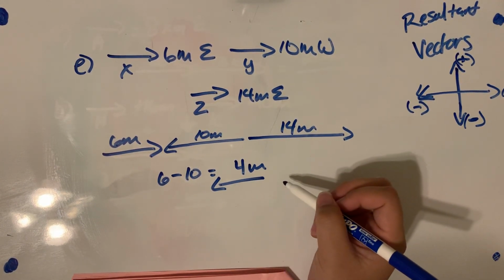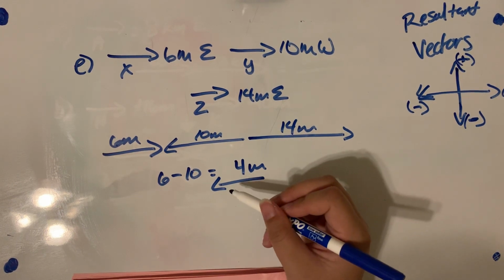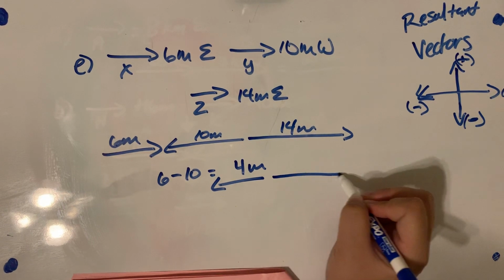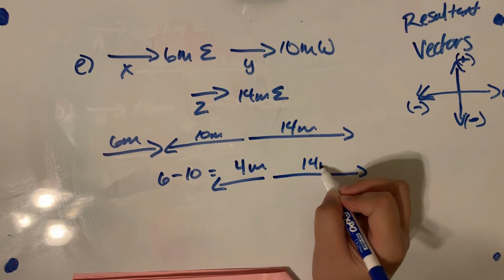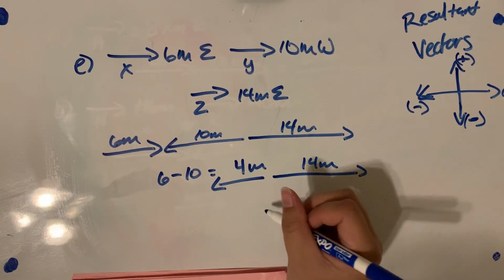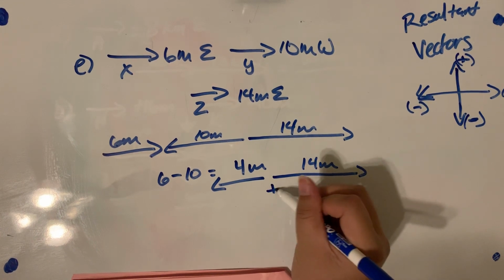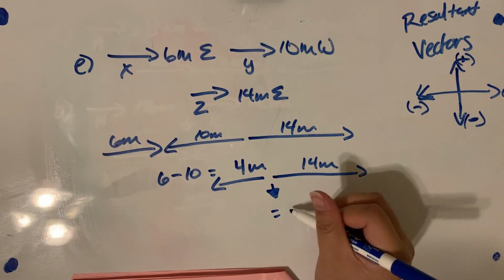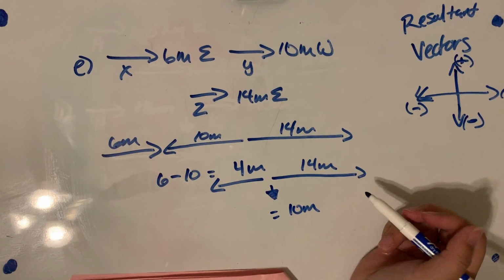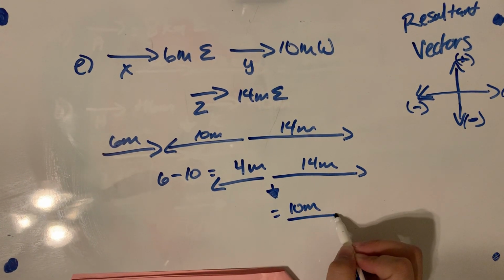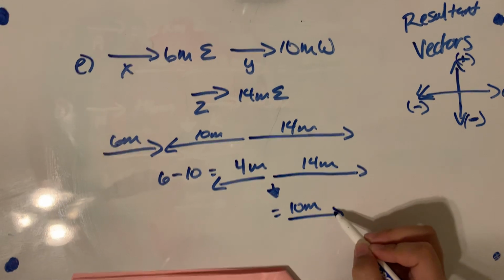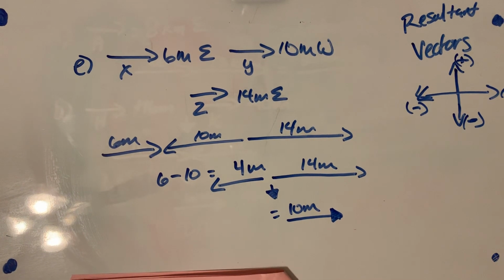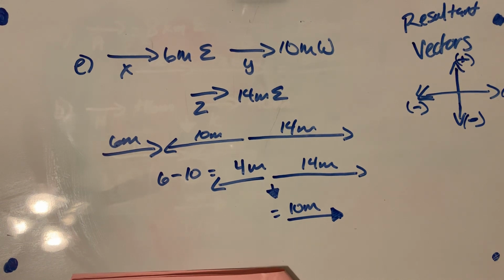So now you're left with 4 meters, going west. Now finish off the rest. You have 14 meters. Still opposite directions. So what is your resultant vector? You're left with 10 meters. Going which direction? We're going east, positive. So that is E.